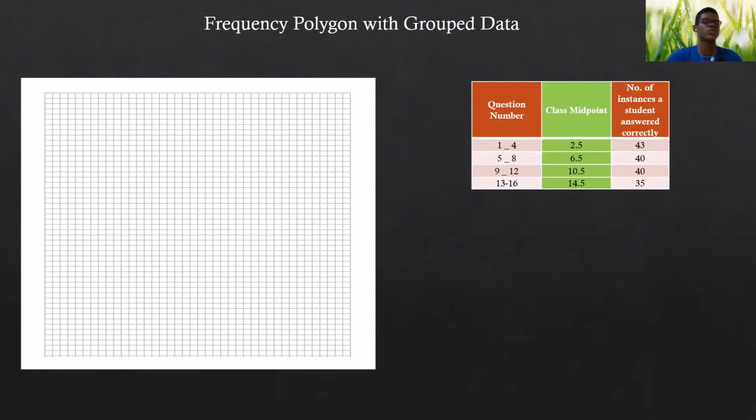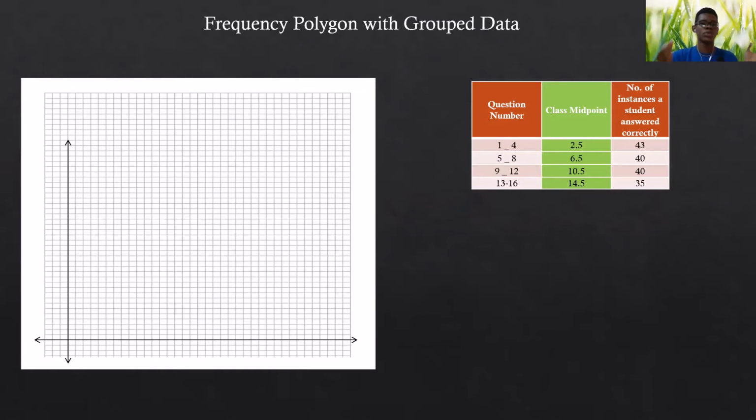This is one of the reasons why: with group data, to plot a frequency polygon, which again is just a line graph with two extra boundary points, one at the end and one at the beginning.